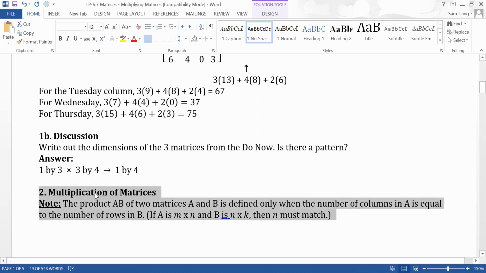Does anyone still need to copy the note that I'm highlighting? Otherwise I'll move on.